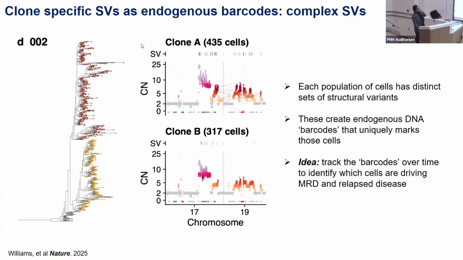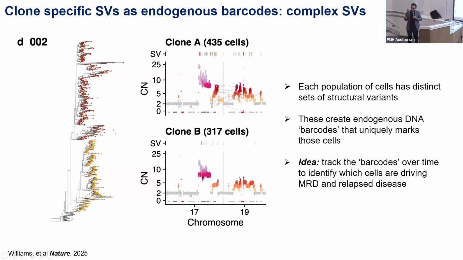You can see this genome is highly rearranged. And remarkably, these gray links are unique to this particular clone. So here it's clone A, and it has these translocations and rearrangements that are only found in the cells in clone A. Clone B has its own as well. So each population of cells has its distinct set of structural variants.